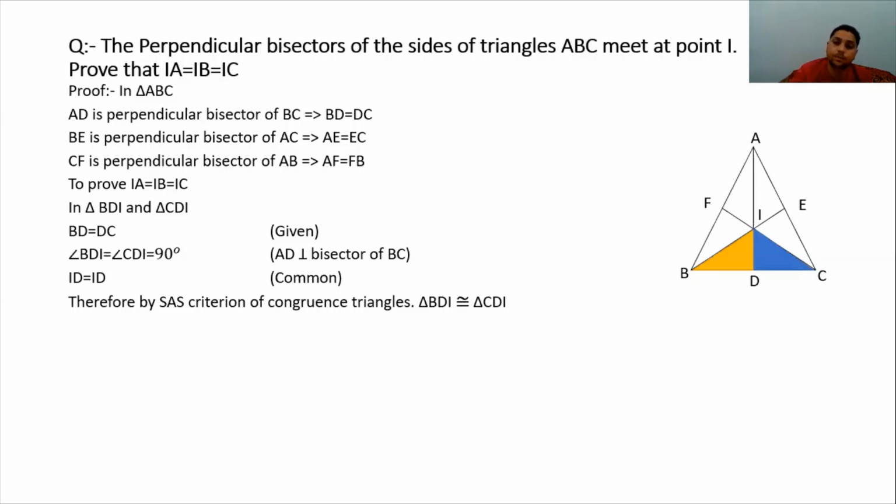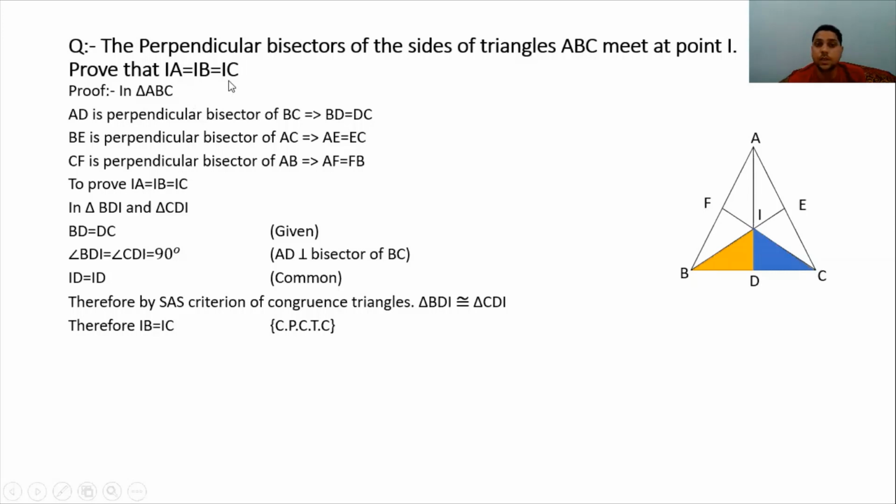When triangles are congruent, by CPCT their corresponding parts are equal. So this longer side, the hypotenuse, IB is equal to IC. This is what we have to prove.